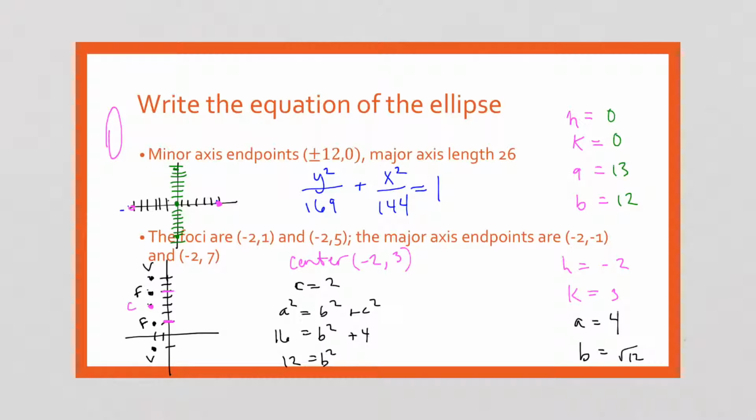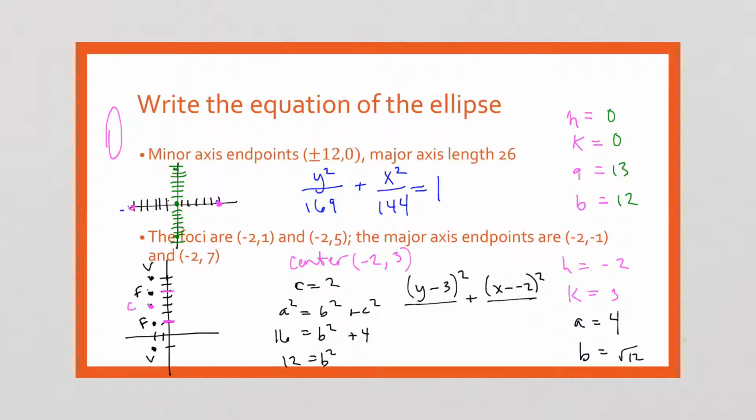So this ellipse is a y squared ellipse because my focal axis is on a line with the y-axis. So I'm going to have y minus k, which is 3, squared, plus x minus -2 squared.